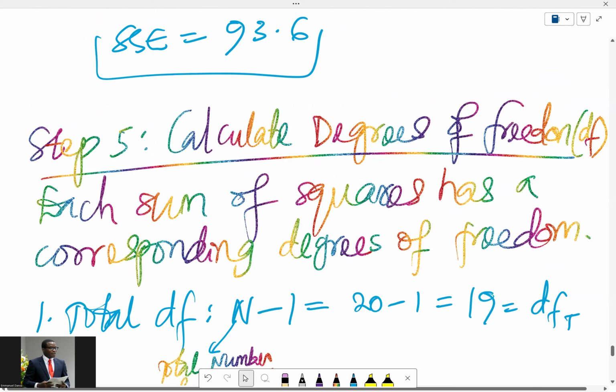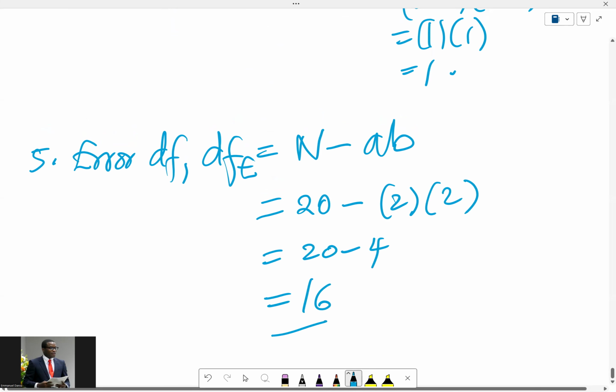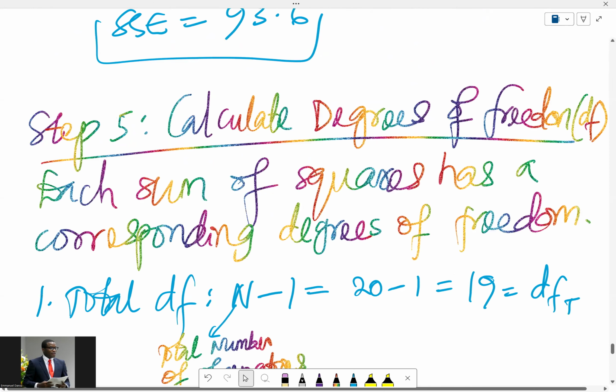A is 2 levels for factor A, 2 levels for factor B. That's 20 minus 4, and error degree of freedom is 16. So that's step 5 now: calculate the degrees of freedom.